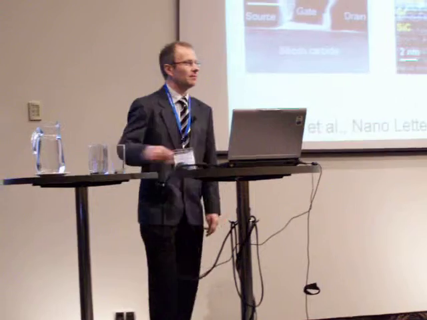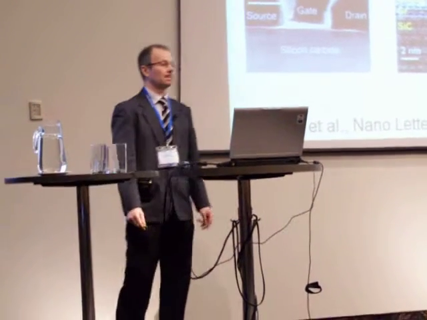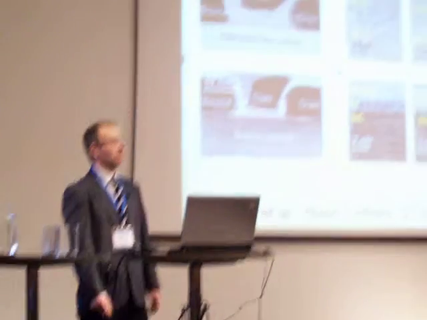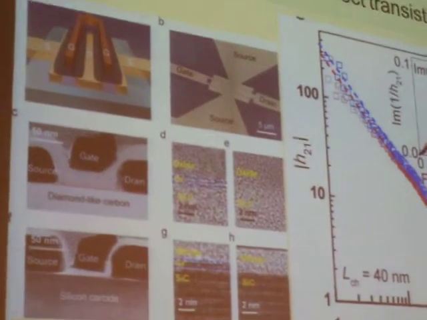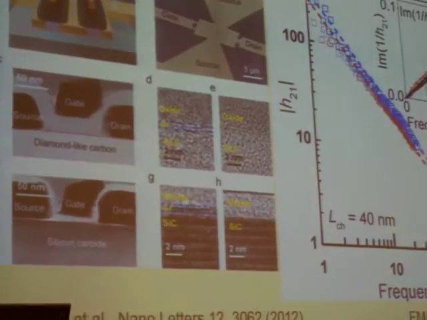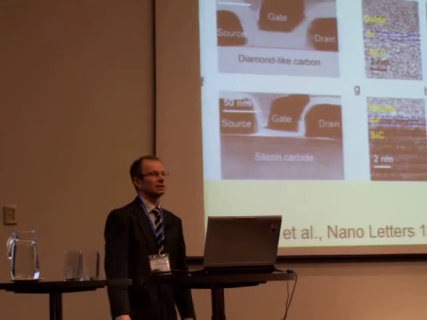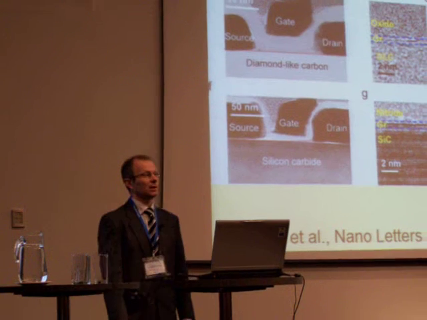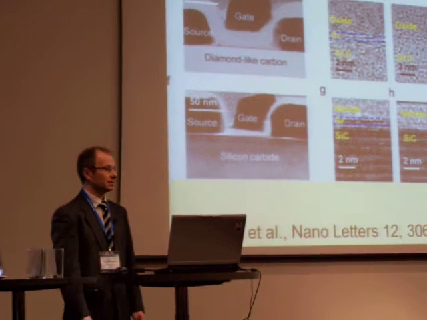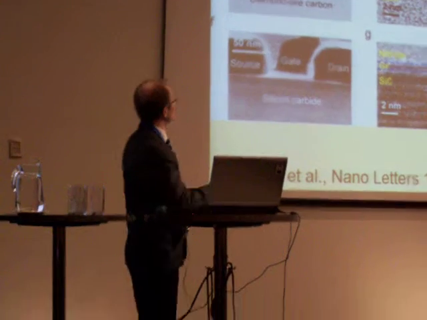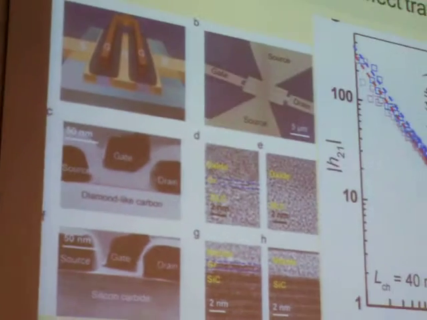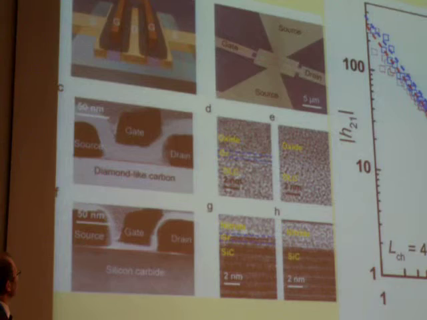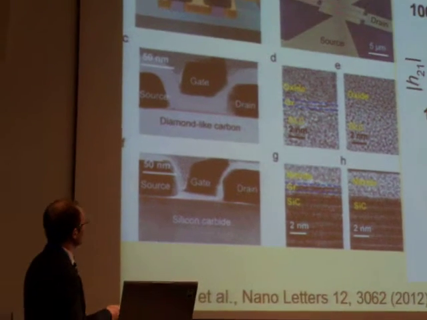Let's start with applications of graphene. As you probably know, graphene is widely used in gas sensing, touchscreen displays, even to desalinate water, as well as in nanoelectronics. Here is an example of graphene field effect transistor on silicon carbide.